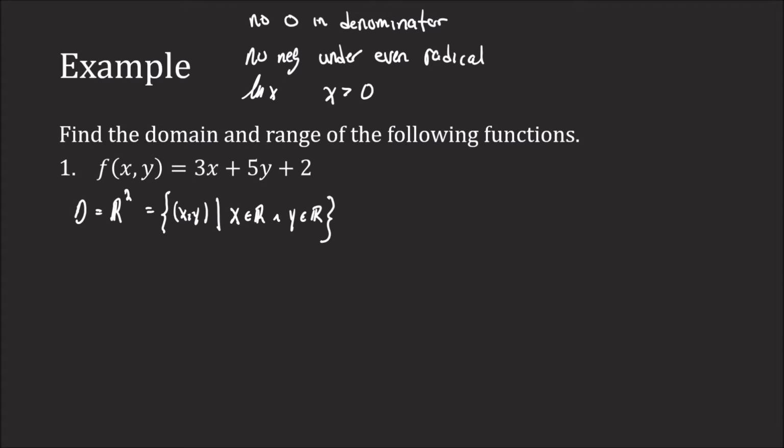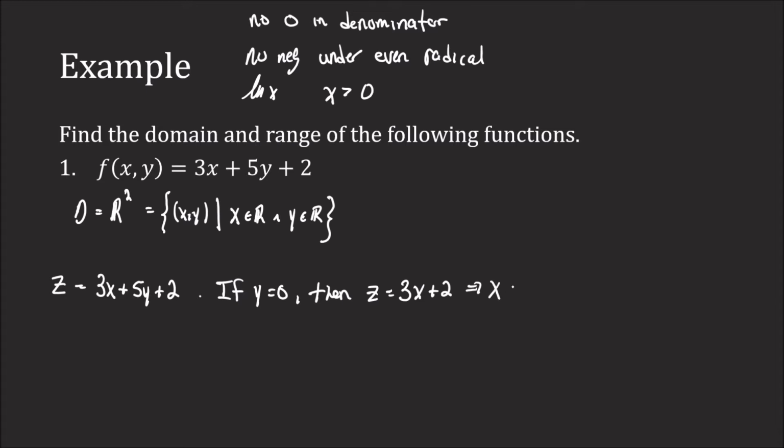Now, we need to determine range. So to determine the range, we set z equal to the function. Now, if y is 0, then we'd have z is equal to 3x plus 2, which would mean that x would equal z minus 2 all over 3.